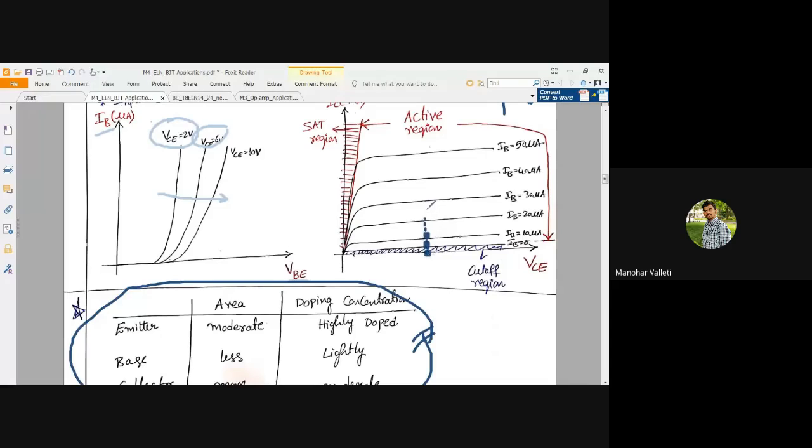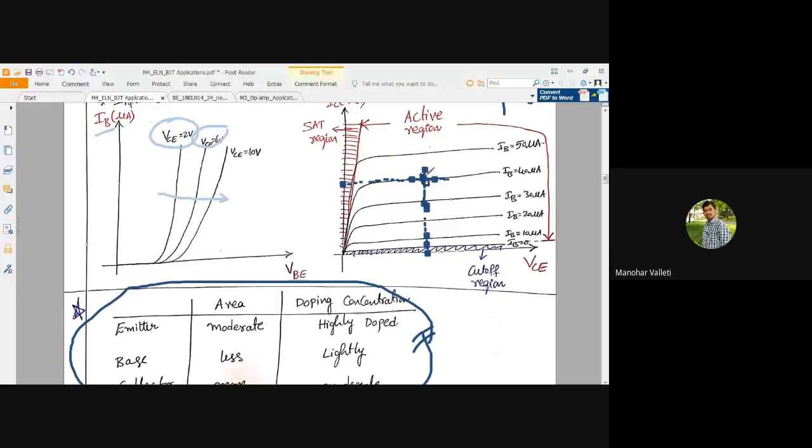Let's say this is the VCE value you got. If you project that value towards the characteristics, and let us say you got the IC value here, and project this value towards the characteristics, the IB value probably will be near wherever these two are intersecting.